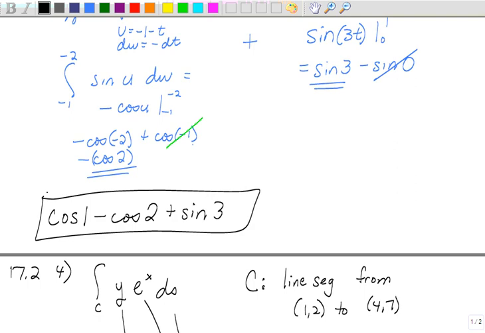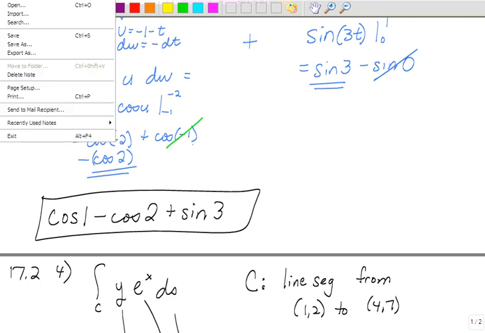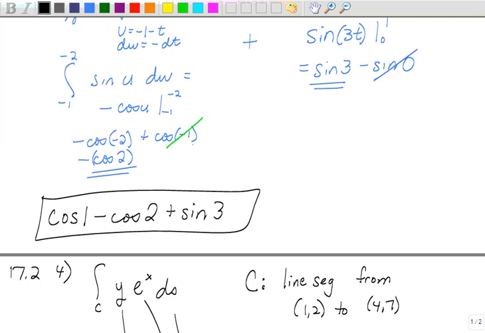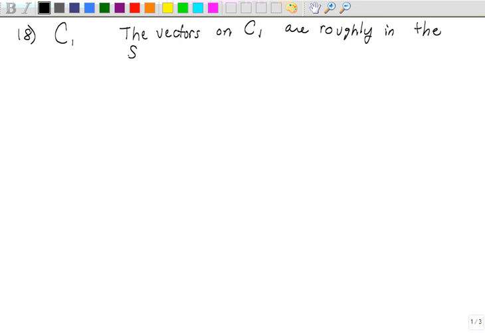Okay, let's look at 18. If you look at C1, you're looking in the book. I'll write it down. The vectors near on C1 are pointing roughly in the same direction as your travel.